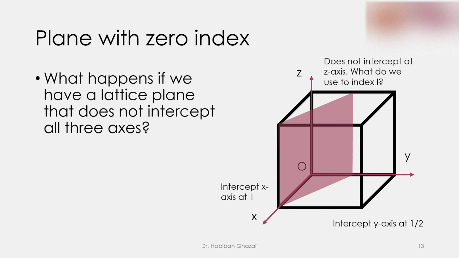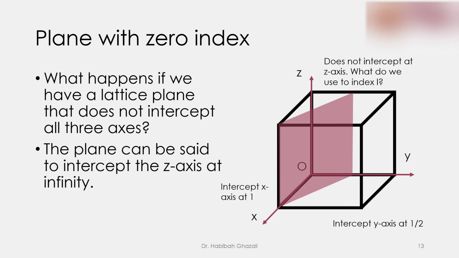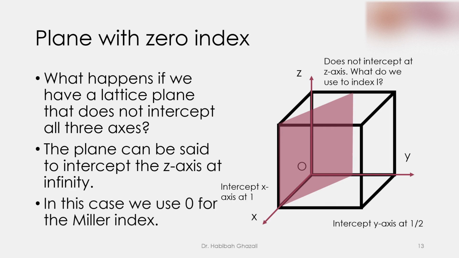So what do we do with the index l? We have h, we have k, but we don't have l because it doesn't intercept the z-axis. So this plane can be said to intercept the z-axis at infinity. In this case, we can use 0 for the Miller index of the z-axis. So the l index, you can put it as 0.